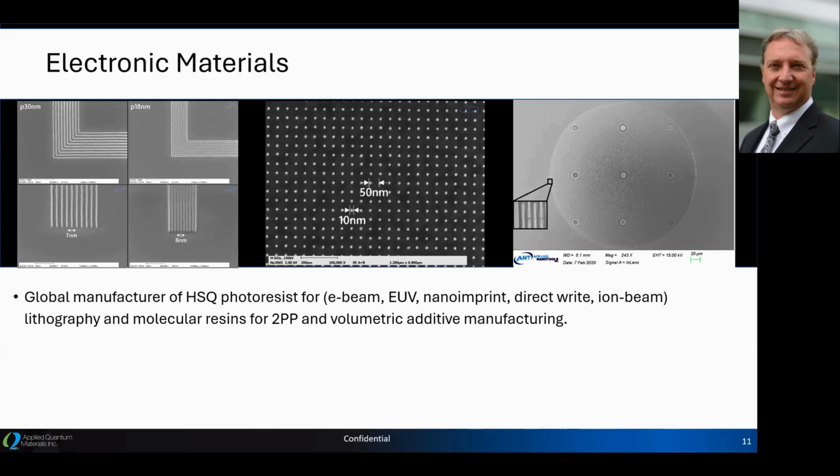So photoresist is simply a material that reacts under photons, or it could be electrons, or various different ions, or even lasers. So we can adjust the consistency of the materials so that we can use it for various other applications, such as two-photon polymerization and volumetric additive manufacturing.